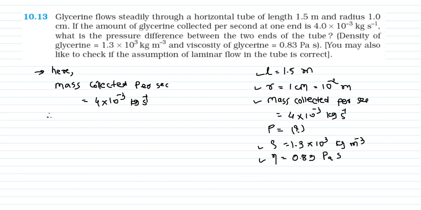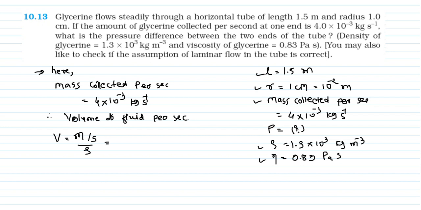We can consider the second as 1 unit here. Therefore, the volume of fluid per second. What is the volume of the fluid? So here you can say volume V is equal to mass per second upon the density.